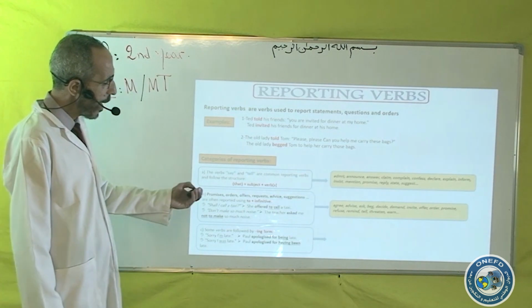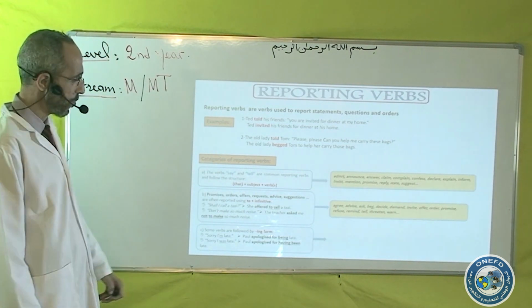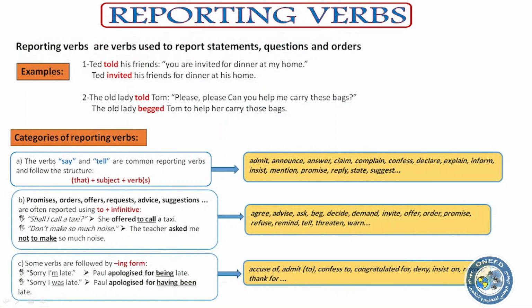We have a list of verbs that belong to this category, category C. These verbs are accuse of, admit, confess to, congratulate for, deny, insist on, regret, thank for.